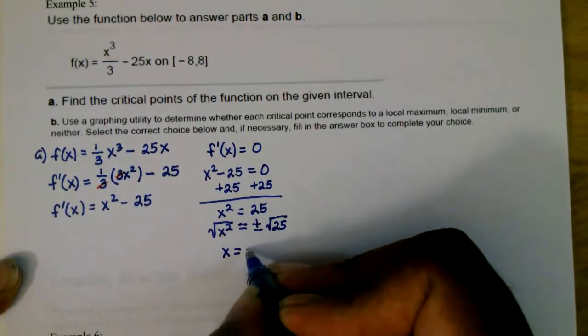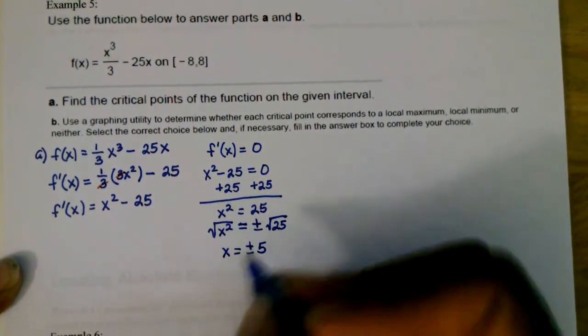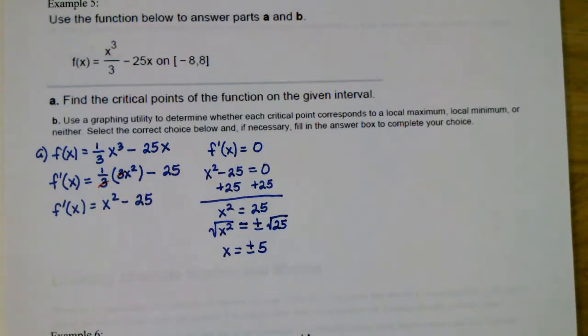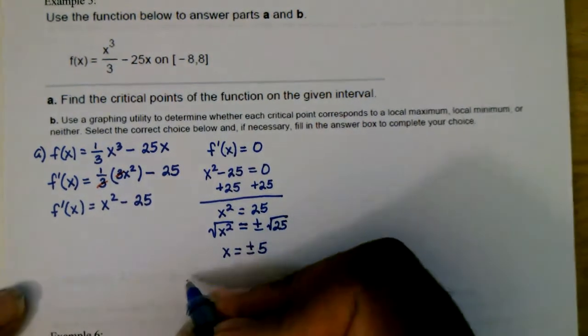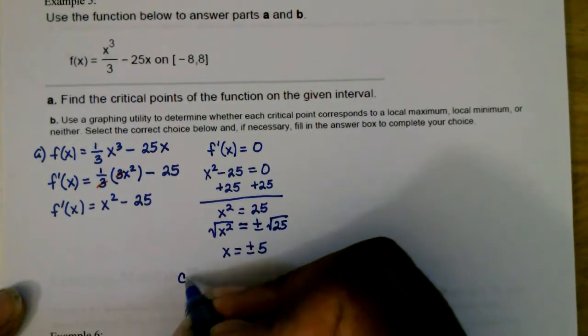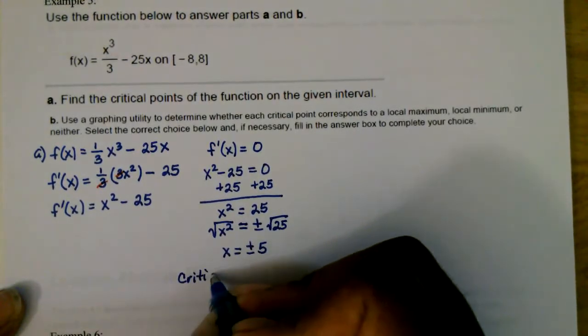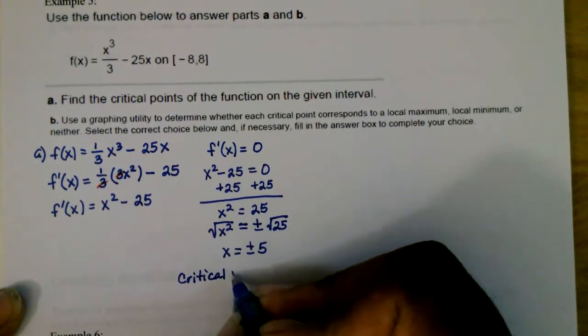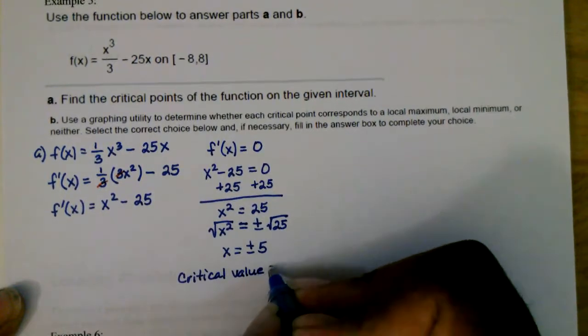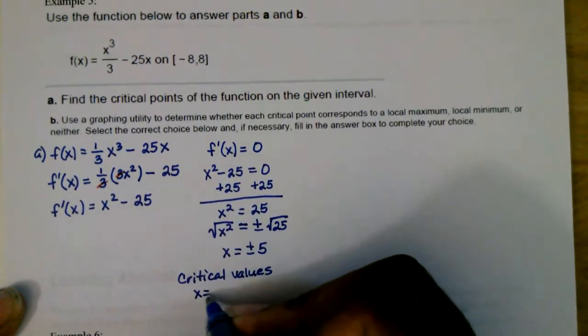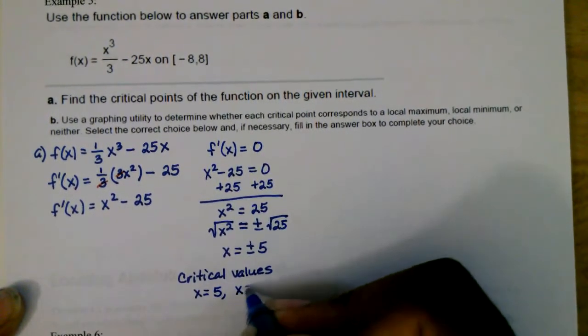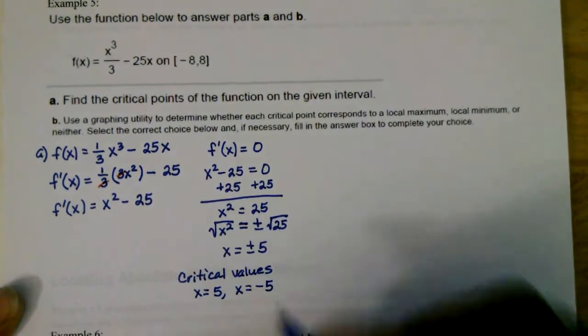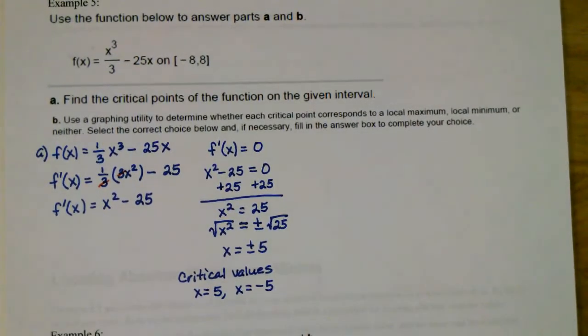So that means x is equal to plus or minus 5. So these are my critical values here: x is equal to 5 and x is equal to -5. Those two x values represent critical values.